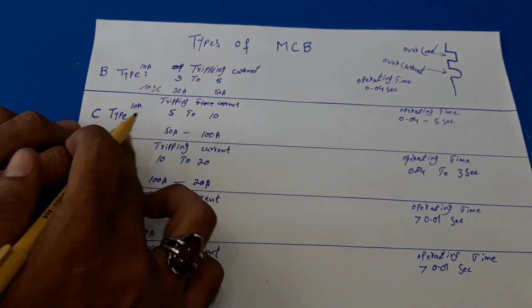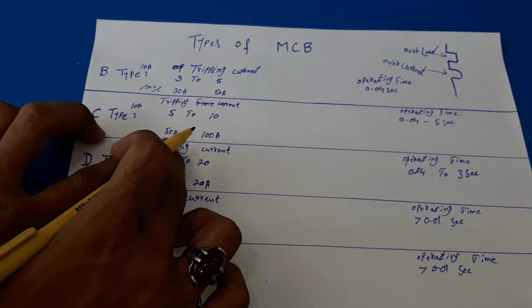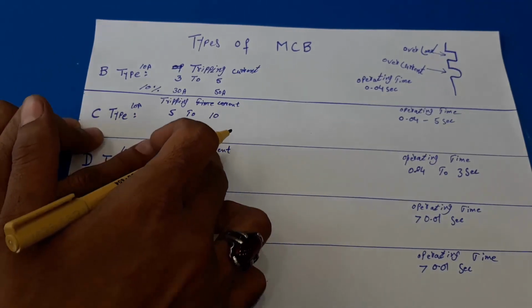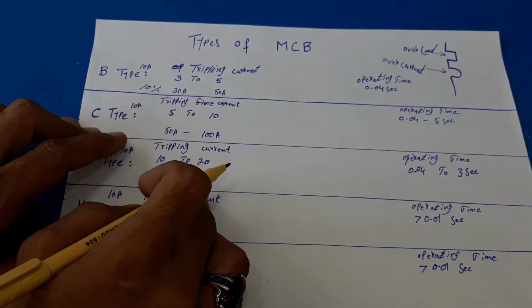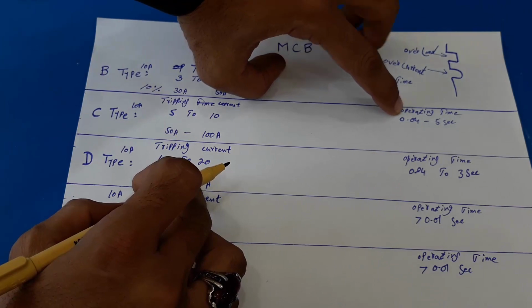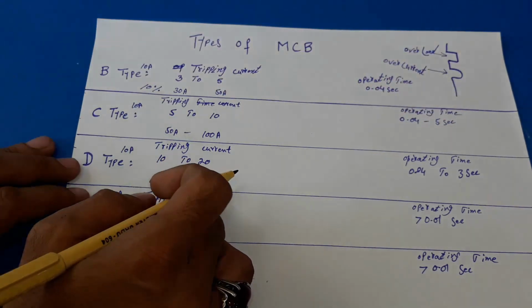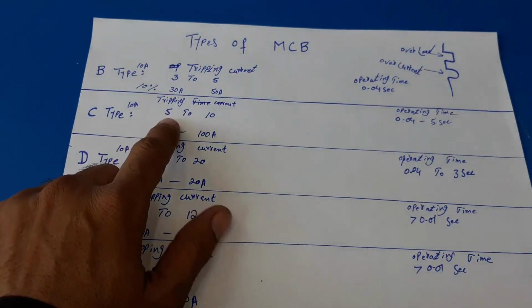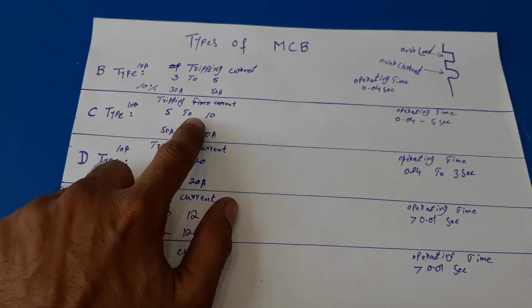If your MCB passes 50 ampere and 100 ampere, then your MCB will be tripped. This MCB has an operating time, as you are seeing here, of 0.4 second to 5 seconds. And if we discuss this C-type MCB, it trips between 5 to 10 times the overload current.